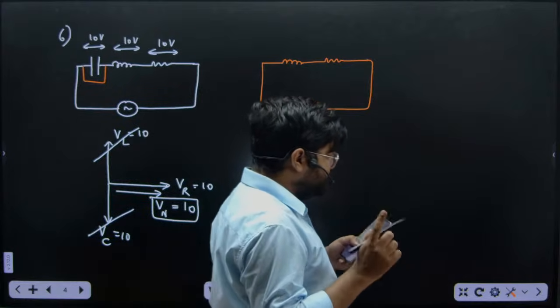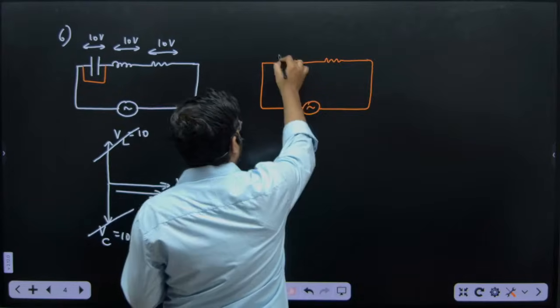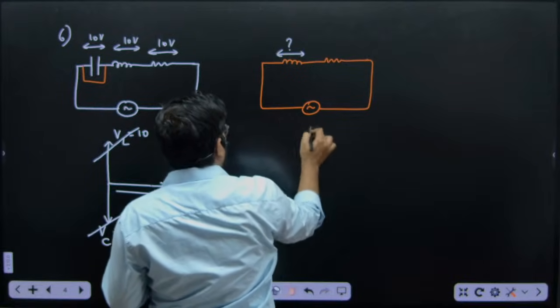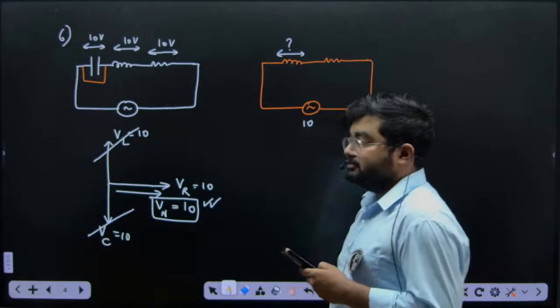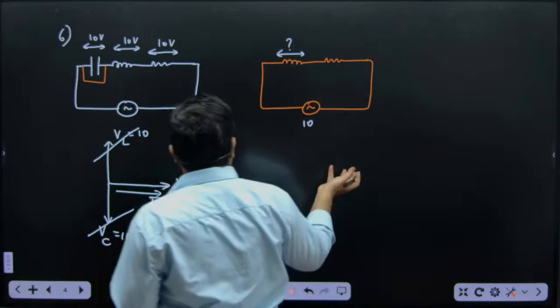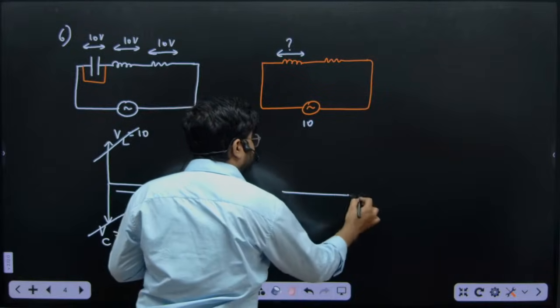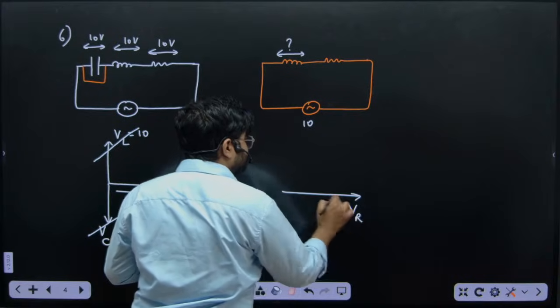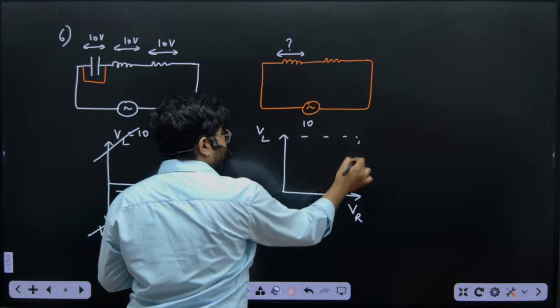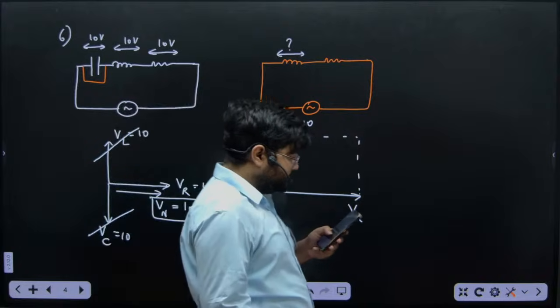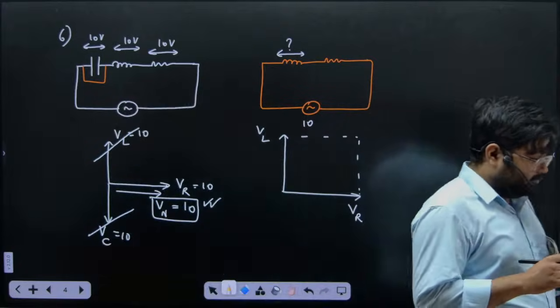Voltage across the inductor will be, this they are asking. Now we know that the supply voltage RMS value is 10, and now we will have only the resistor and inductor.